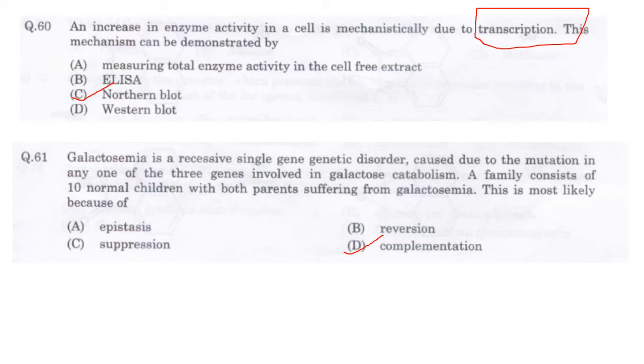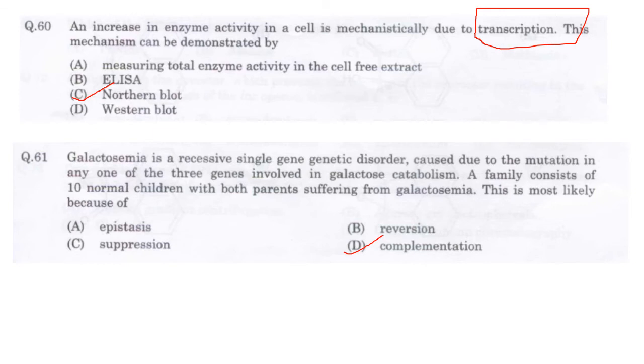Galactosemia is a recessive single gene genetic disorder caused due to the mutation in any one of the 3 genes involved in galactose catabolism. A family consists of 10 normal children with both parents suffering from galactosemia. When both the parents suffer from galactosemia, at least one or two of the children should have got the galactosemia gene from both the parents.